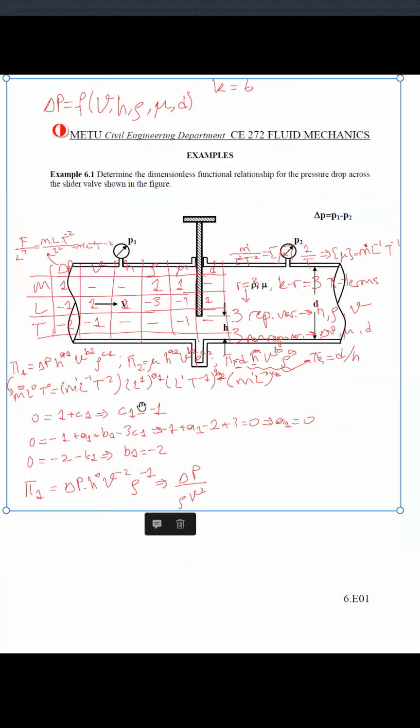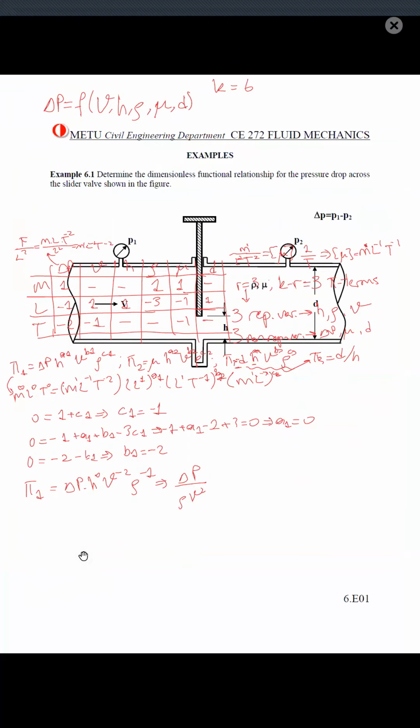For pi 2, again, we will do a similar thing, and afterwards we will conclude the solution. Writing those for pi 2, please note that we have mu now. The units of mu are a little bit mixed, but we can see it here.